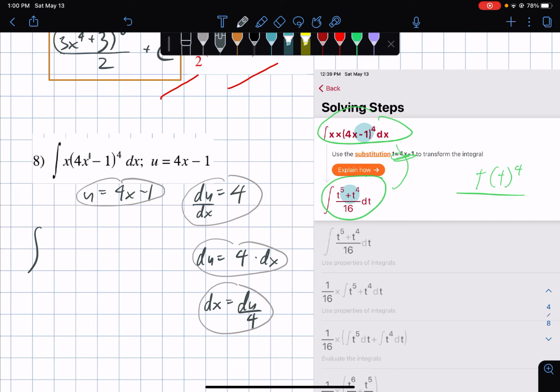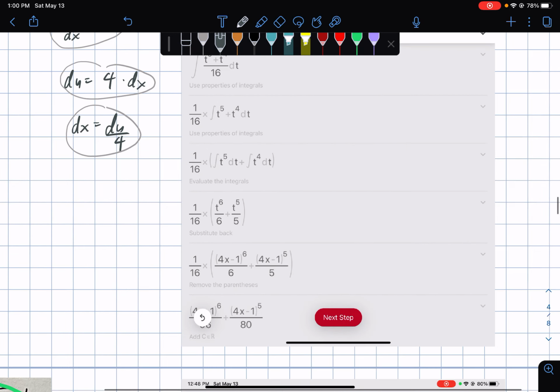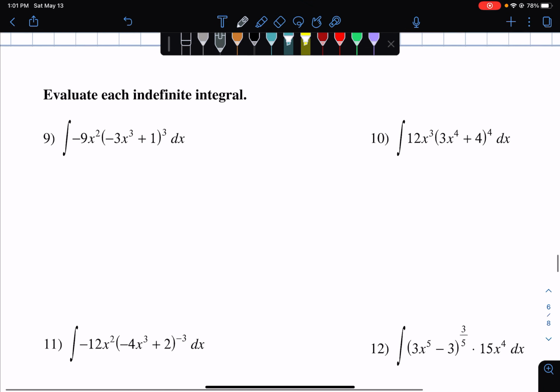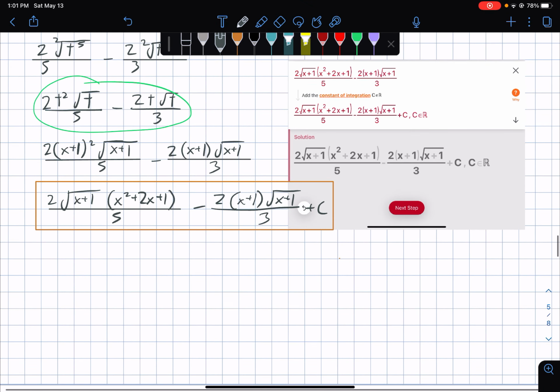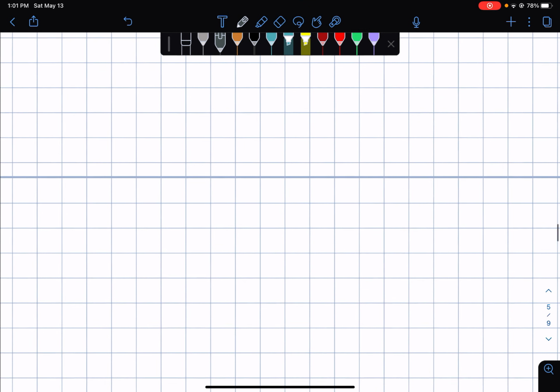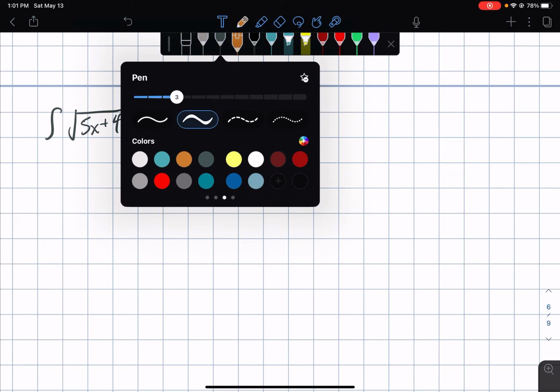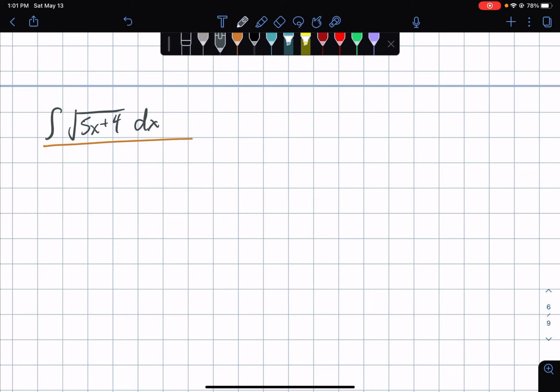Let's try one problem if we could do it. This is from Organic Chemistry Tutor. Let's just try it out.